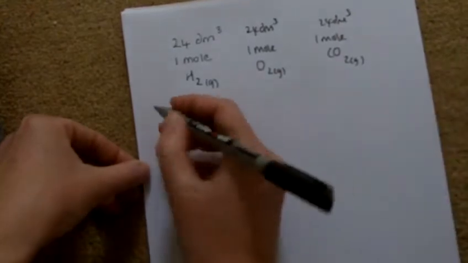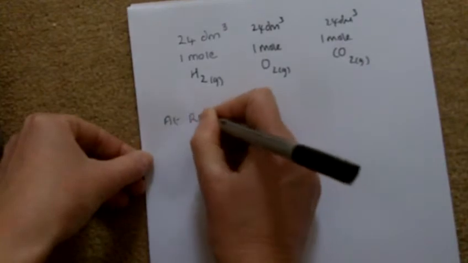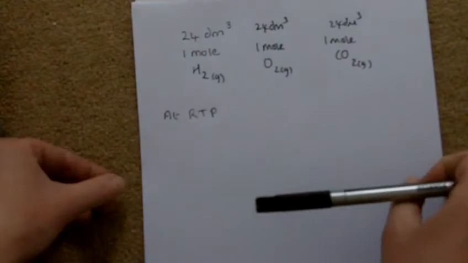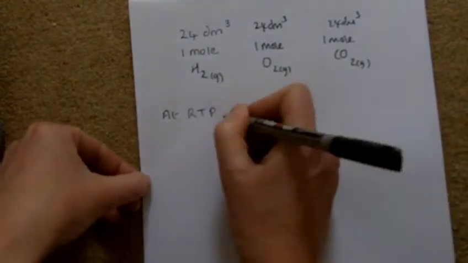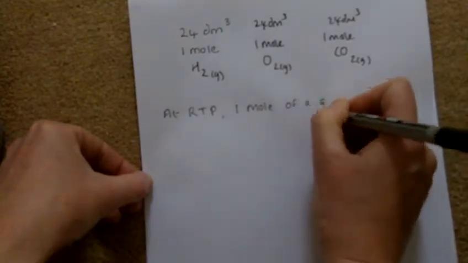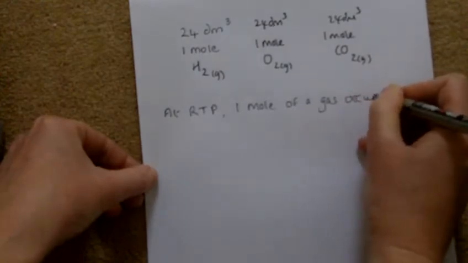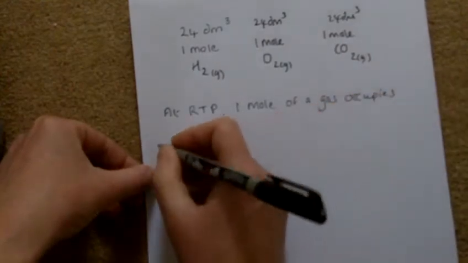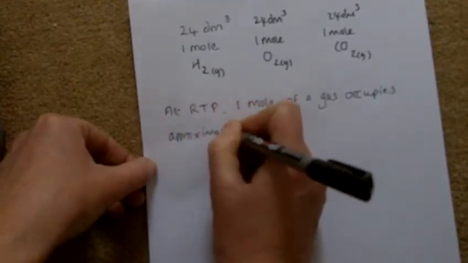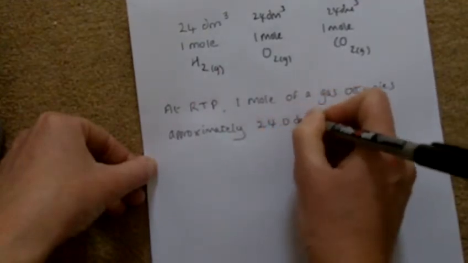So I'm going to make a little note here. At room temperature and pressure, so I'm going to put RTP, which means room temperature and pressure, 1 mole of a gas occupies approximately, because it's not exactly, but approximately 24 decimeters cubed.